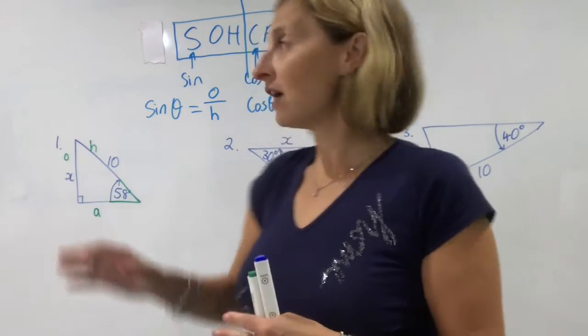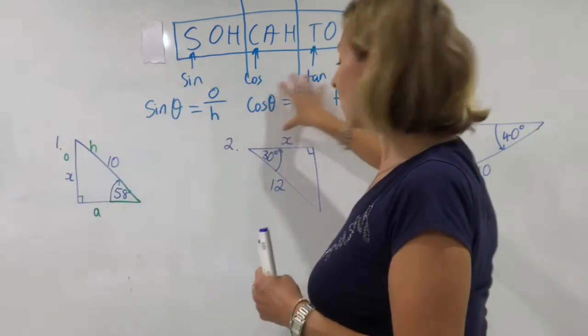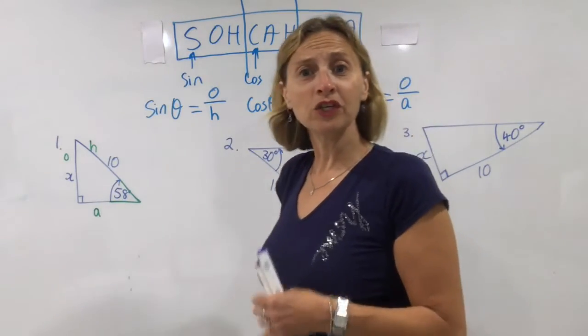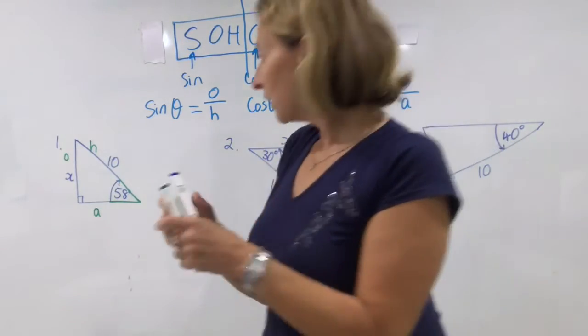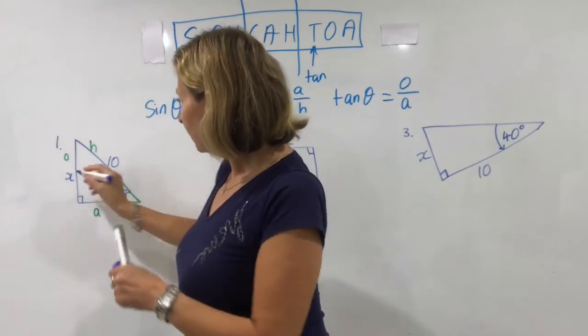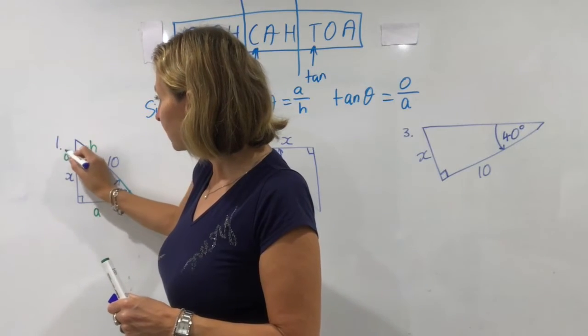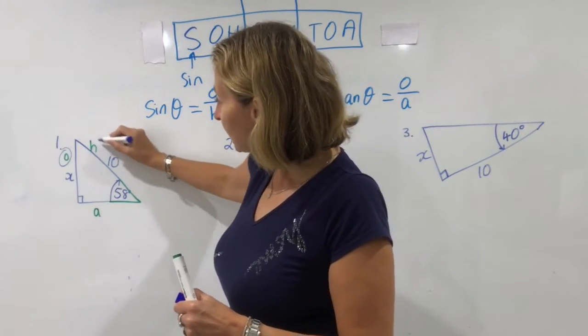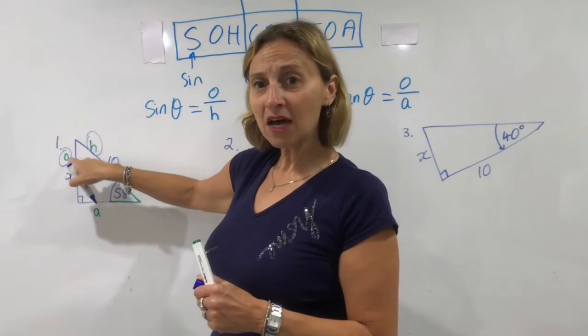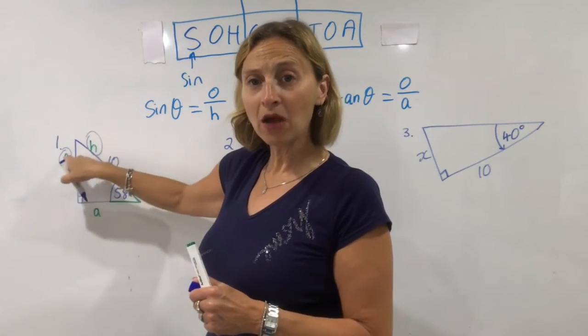I like to find out which ratio I need to find by looking at which sides I want and which sides I already know. So I want this side here, which is the opposite side, and I already know the hypotenuse is 10. So that's the side that I know and that I want to know.